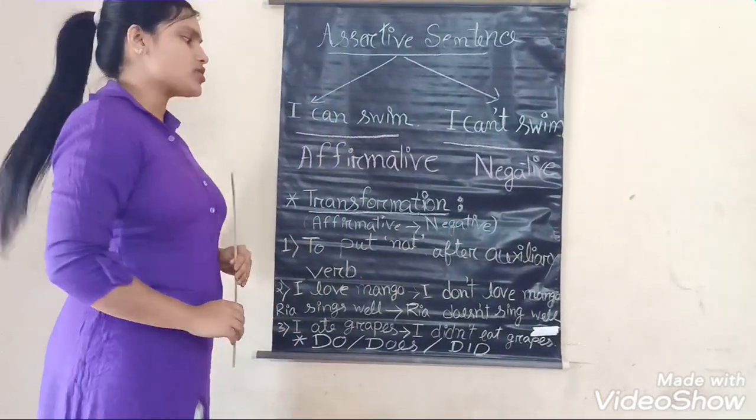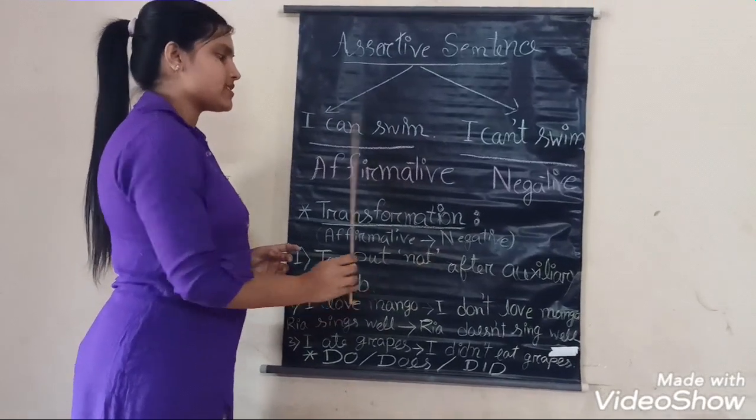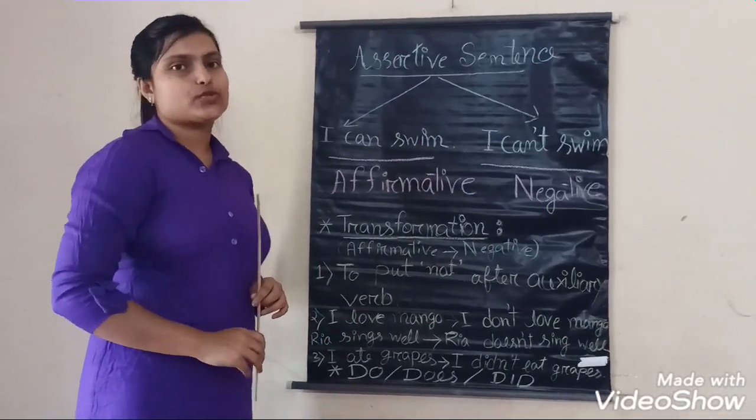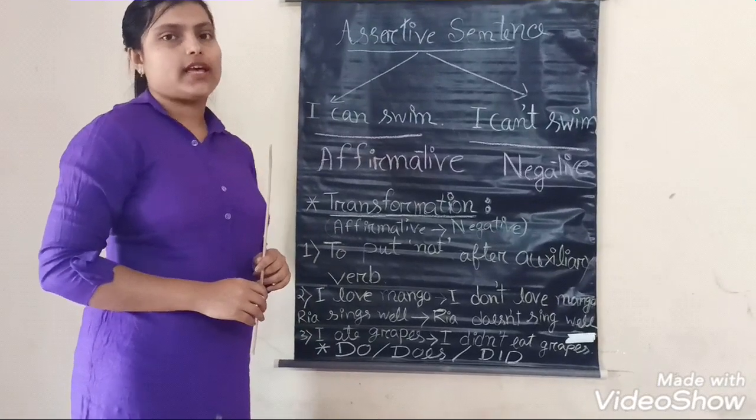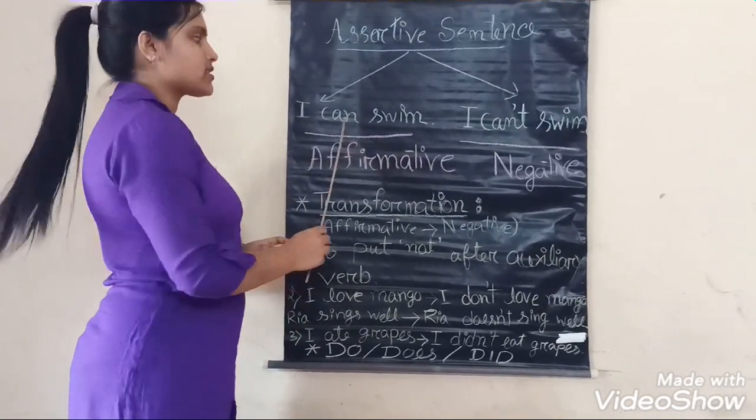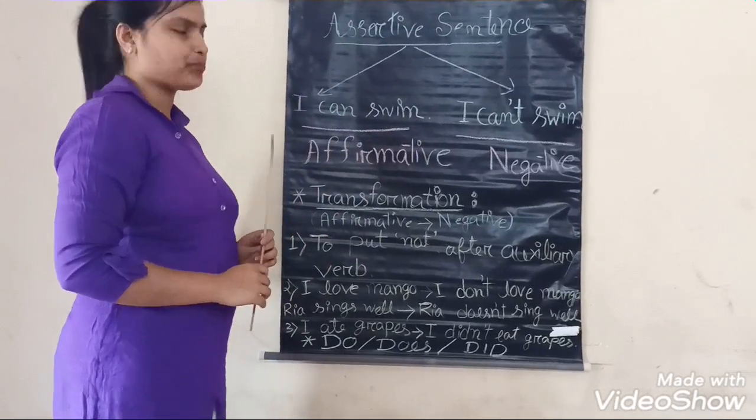Now, in order to transform these affirmative sentences into negative sentences, we should follow some rules. To know the first one, let us have a look at these 2 examples once again.